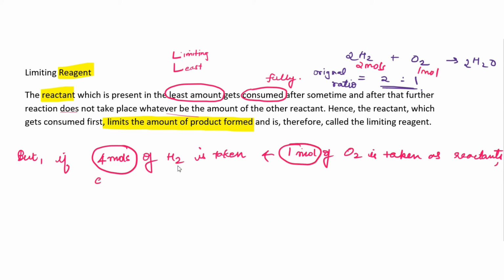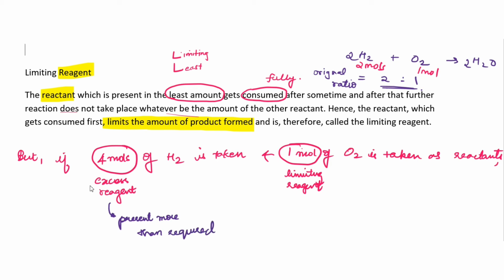The excess reagent is present more than required, so some amount will be left unreacted, whereas the limiting reagent is completely consumed at the end of the reaction, so nothing will be left.